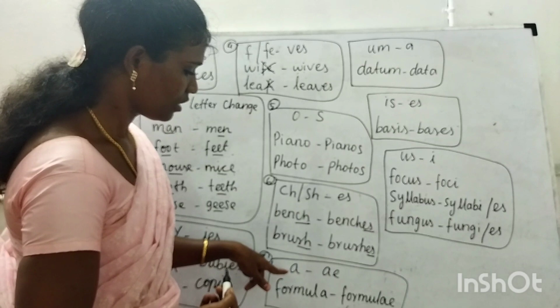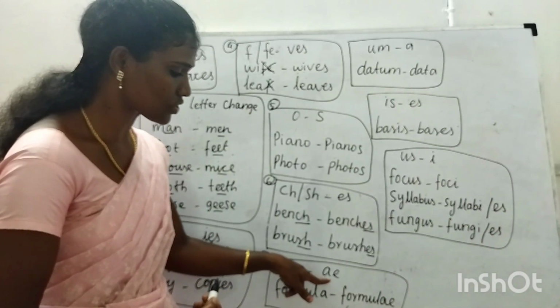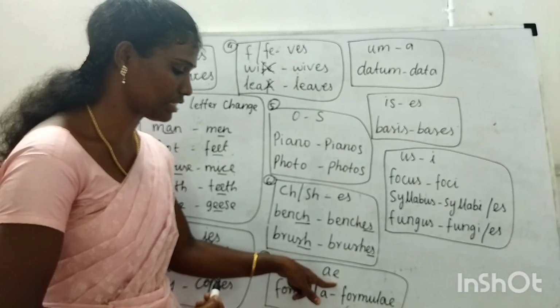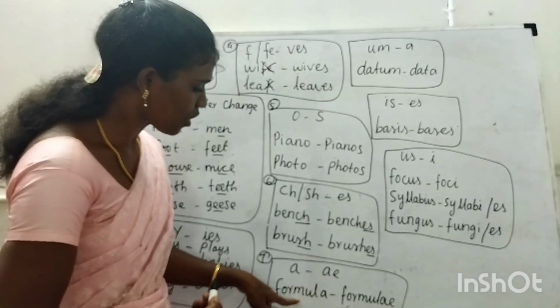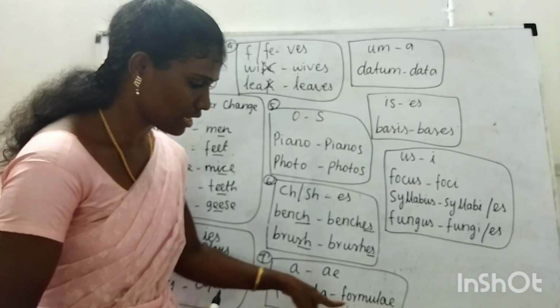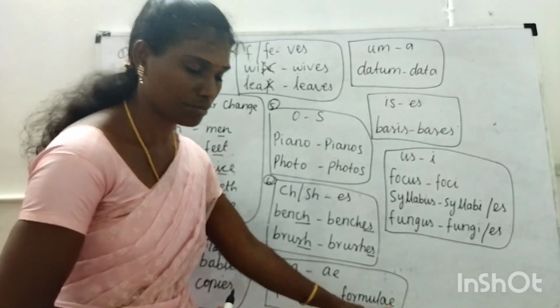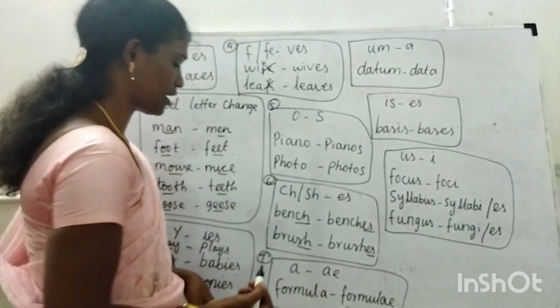Tip 7, if the word finishes with a, add just e. It is ae. Example, formula. The word finishes with the letter a, and near the a just add the letter e. Formulae. Okay, formula, formulae.